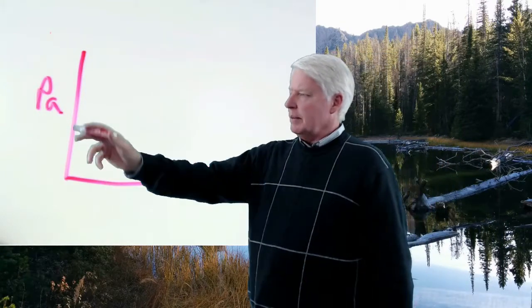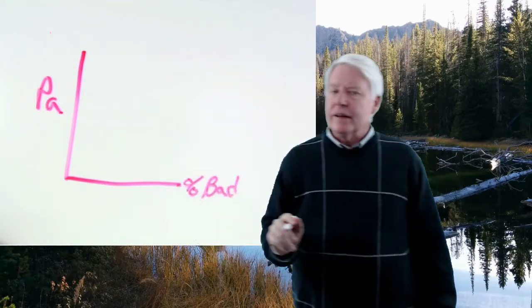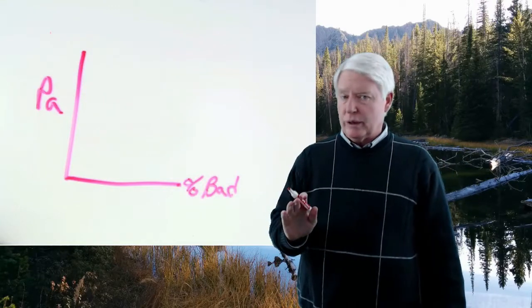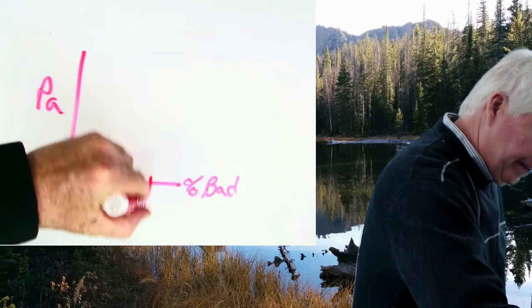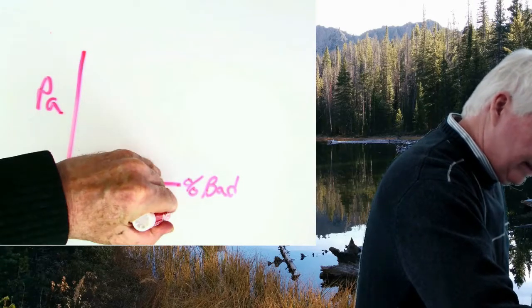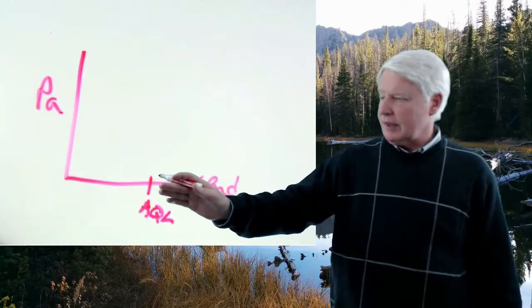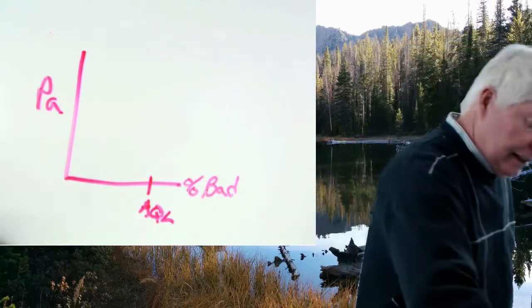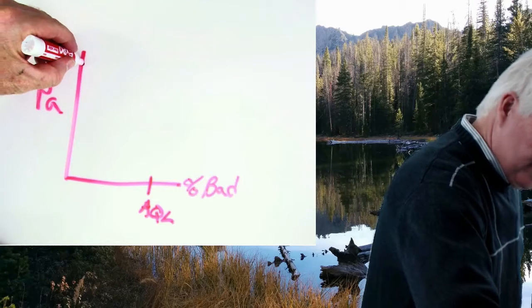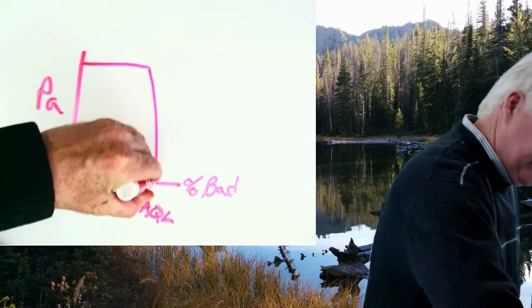Now, this is your probability of acceptance. Obviously, you want to accept it if it's within your AQL. So if your AQL was right here, you would want to have a high probability of acceptance from here over. And the perfect OC curve looks like this.